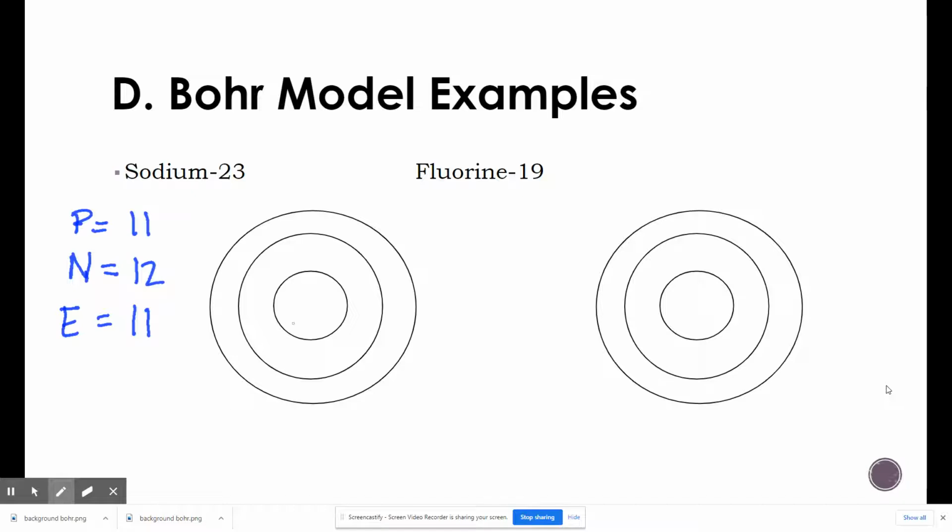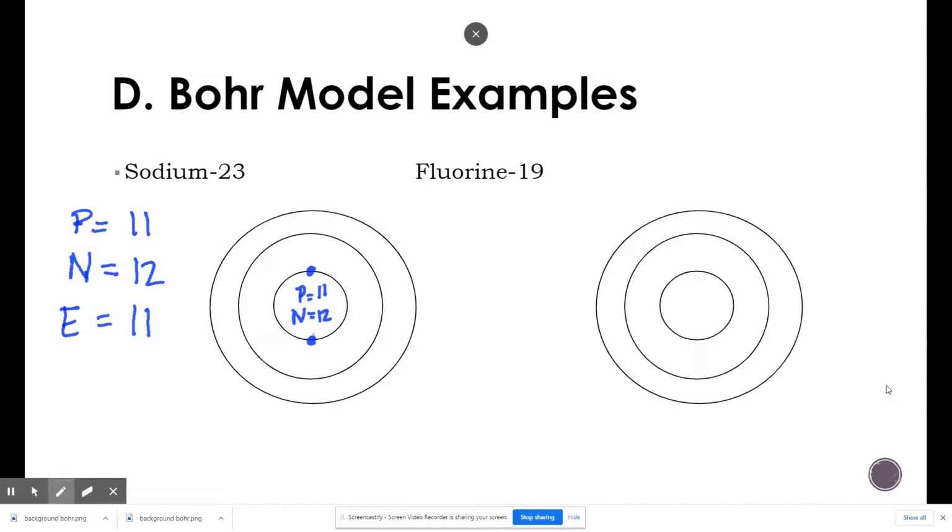So in this first circle, in the very center, I'm going to write P equals 11, N equals 12. And then I'm going to start drawing my electrons. I'm just going to use dots. 1, 2 on my first level. I have 11 to place.